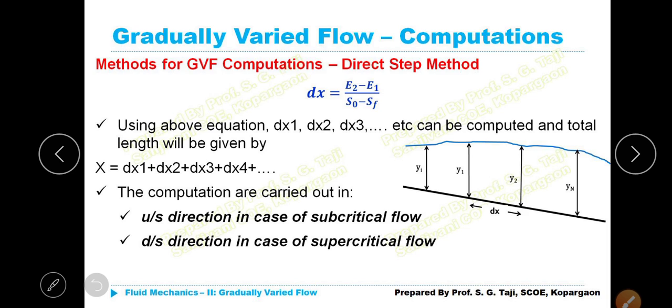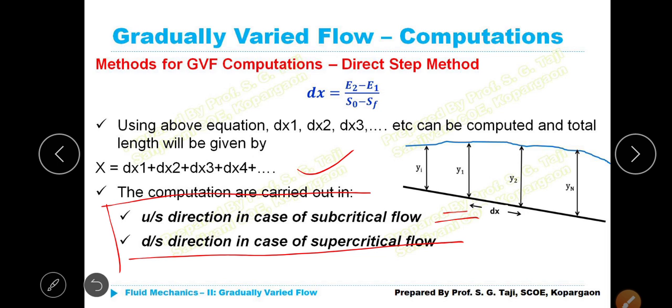So, using the above equation, dx1, dx2, dx3, etc. can be computed and the total length will be given by x is equal to dx1 plus dx2 plus dx3 plus dx4, etc. The computation is carried out in the upstream direction in case of subcritical flow, and in the downstream direction in case of supercritical flow. This we have to remember.